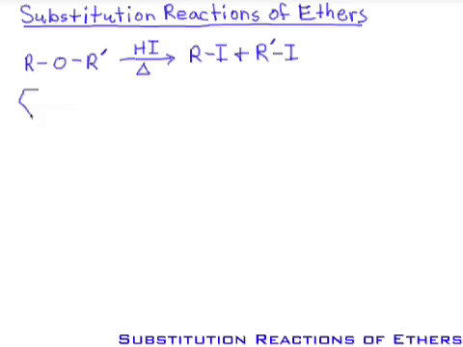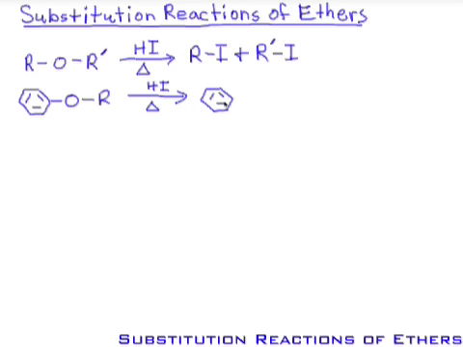If you attack anisole or some other phenyl ether, and you hit it with HI and heat, the I can come in and attack, but it will not attack the phenyl end.